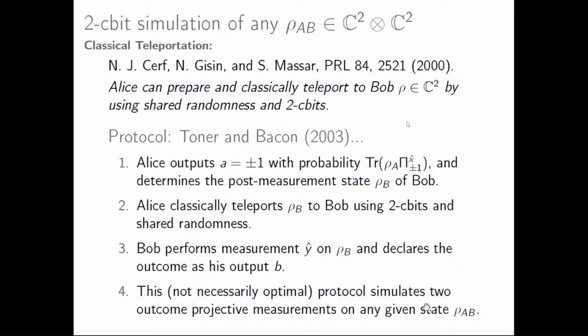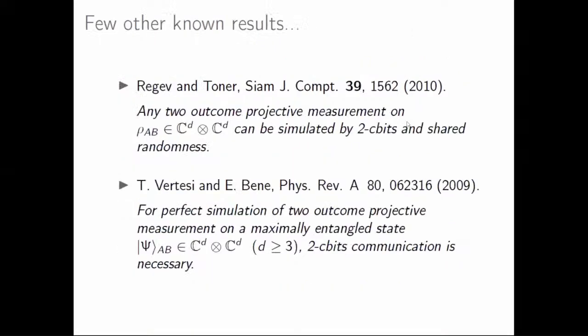So this is one protocol, and one still doesn't know if this protocol is optimal. So this is still open. A few other known results on type 1 problem I mention here.